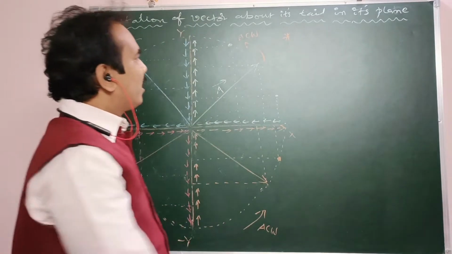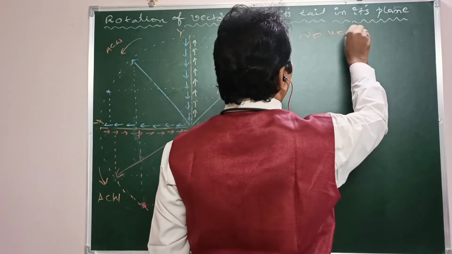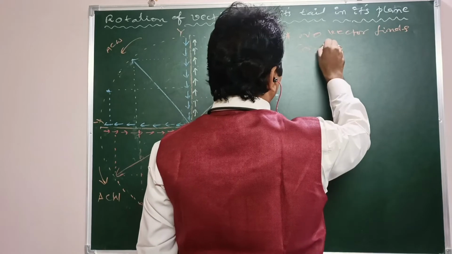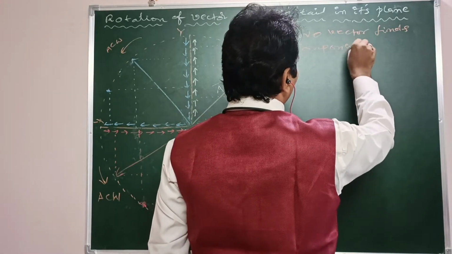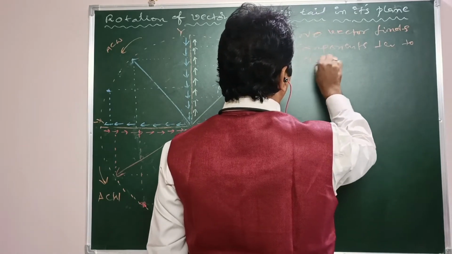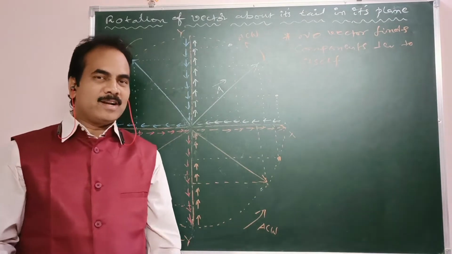So, first point, no vector finds components perpendicular to itself.